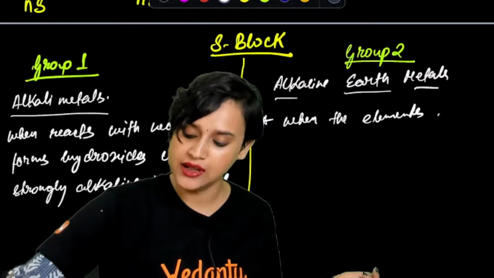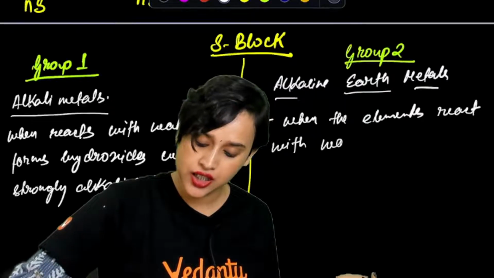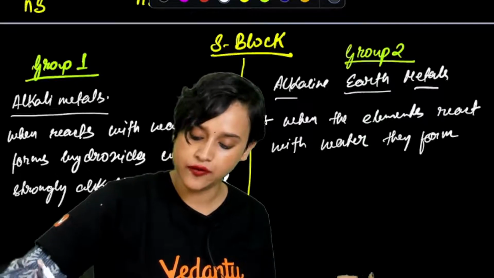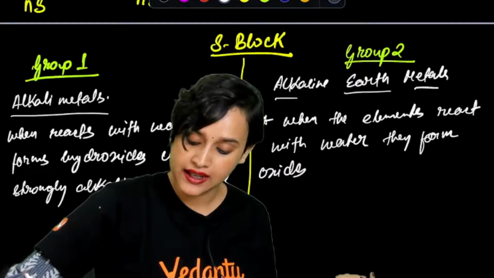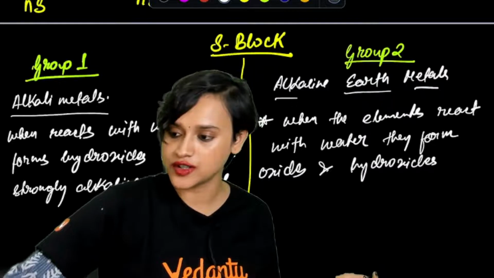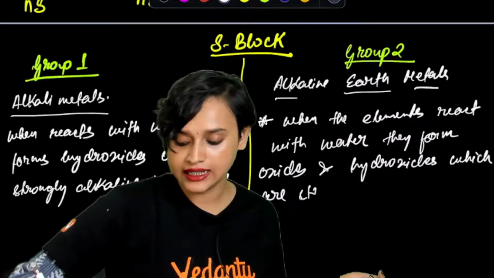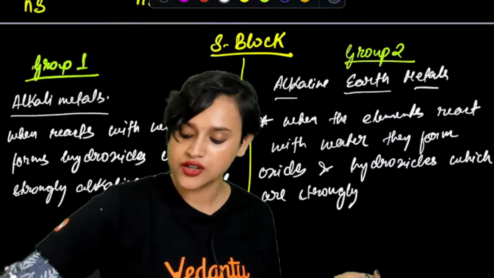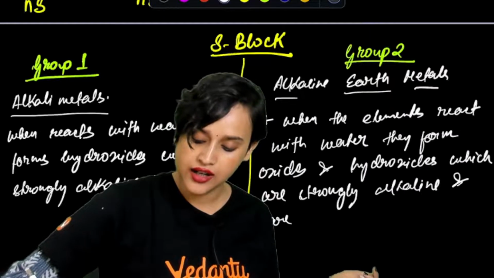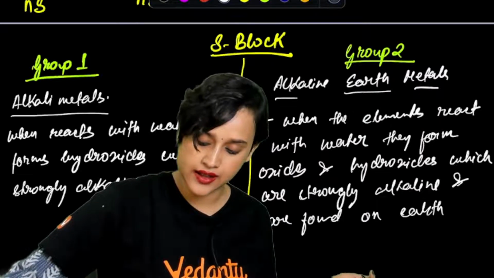So when the elements react with water, they form oxides and hydroxides which are strongly alkaline, and are found in Earth's crust.